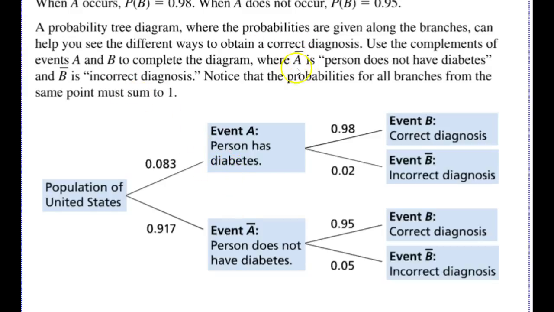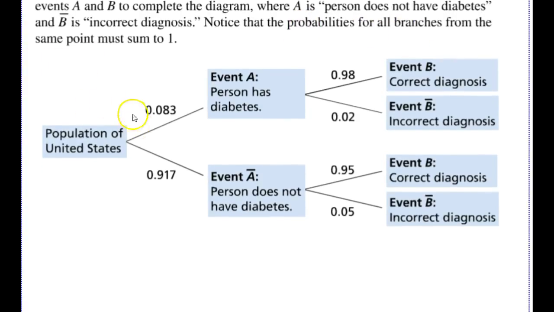This symbol with the dash over it tells me that a person does not have diabetes, and the dash above B is the incorrect diagnosis. These are the complements of the probabilities that we have. Here's the big thing about using a probability tree: all probabilities for the branches must add to 1. If they go to the same branch, they must add to 1.